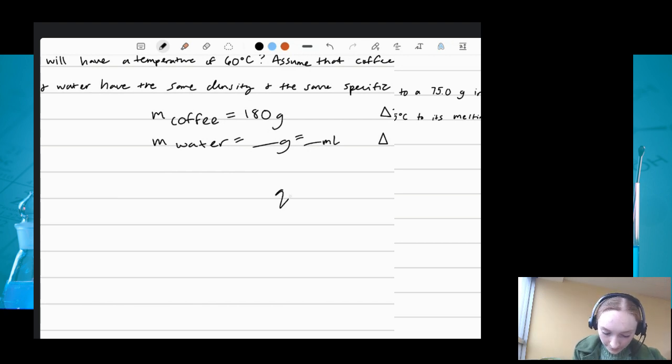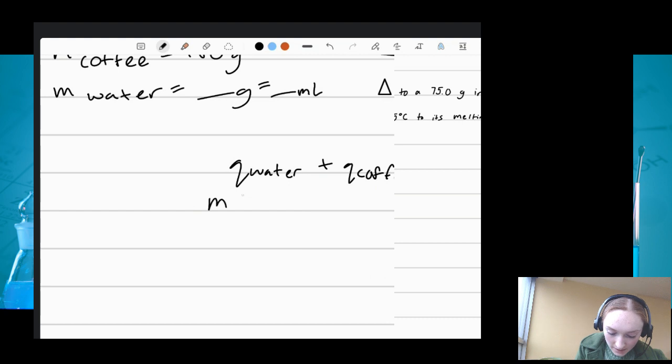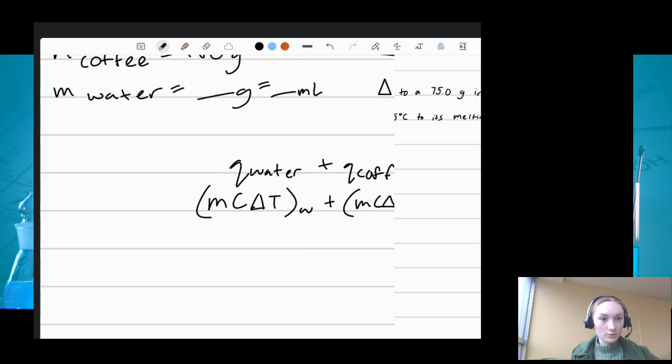So Q of water plus Q of coffee will equal 0 because they transfer their energies to each other, so there's no net difference because you can't create energy and you can't destroy it, as we know. So all we have to do is replace these Q's with what they are equal to in terms of an equation. So that would be MC delta T of water, plus MC delta T of coffee. So that will equal 0.